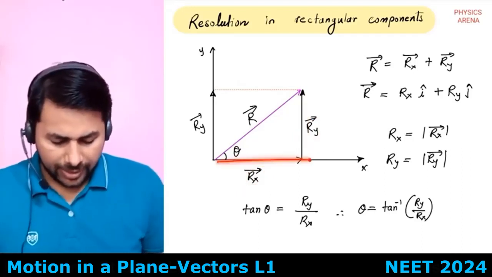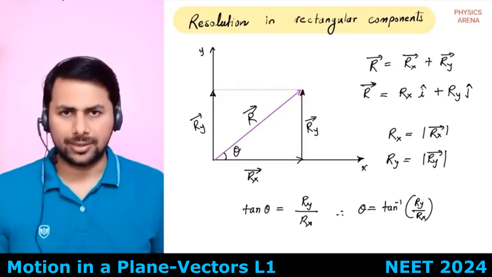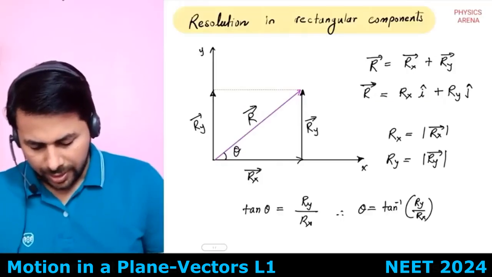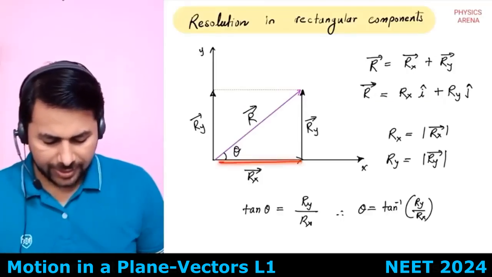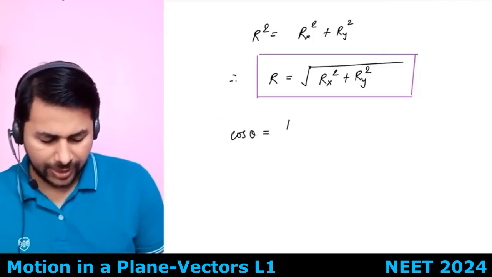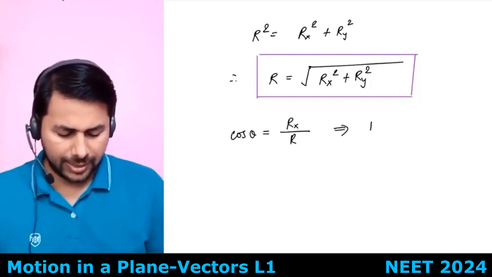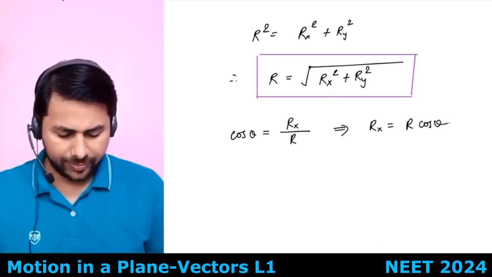So rx will be equal to r cos theta, ry is equal to r sin theta. See, in this one I can find cos theta. What will be cos theta? Adjacent side divided by hypotenuse. So cos theta is adjacent side upon hypotenuse, and therefore rx is r cos theta.